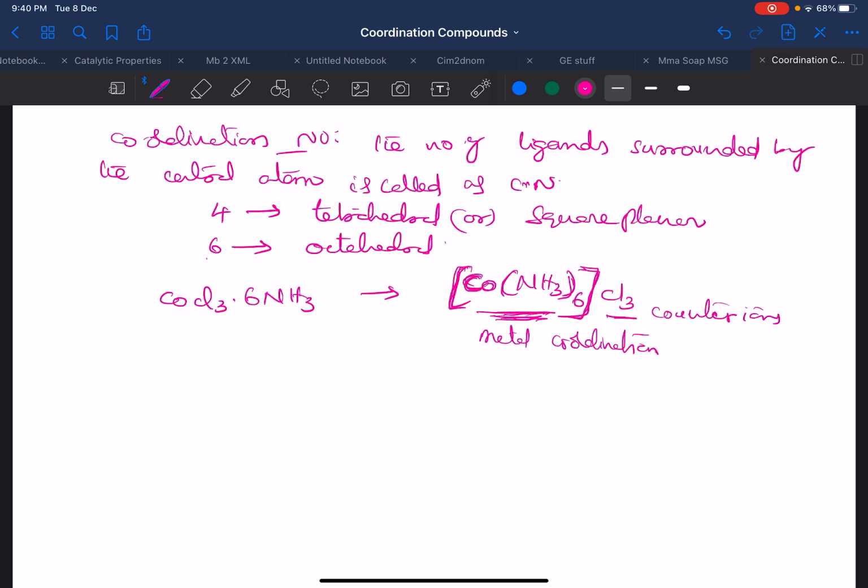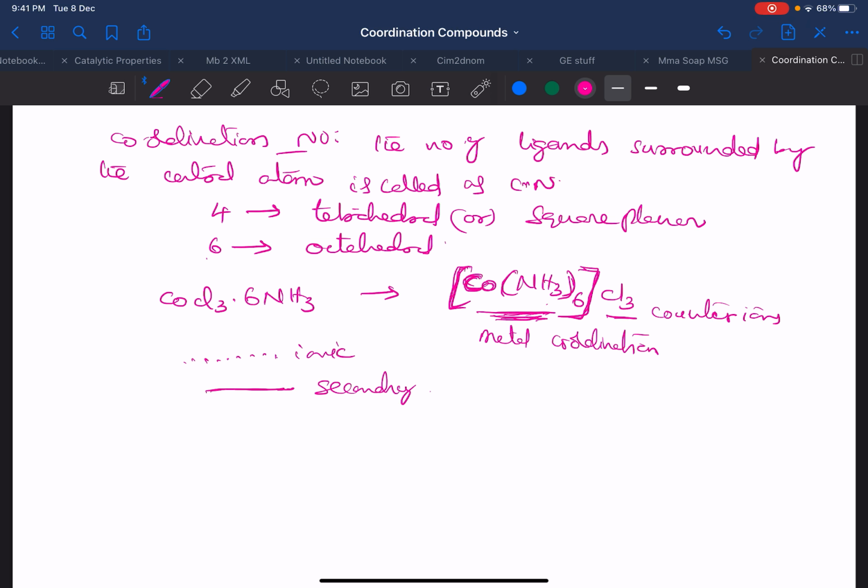Ionic valency, the primary valency, is shown by the dotted line, and a straight line, the hard line, denotes the secondary valency, that is coordinate valency. So ammonia molecules are involved in the secondary valency, whereas chlorine is involved in the ionic, primary valency.